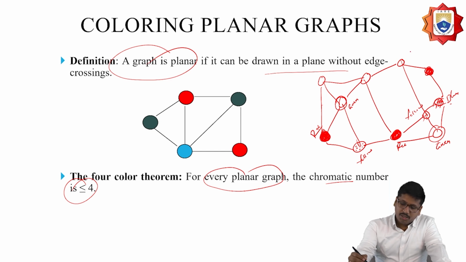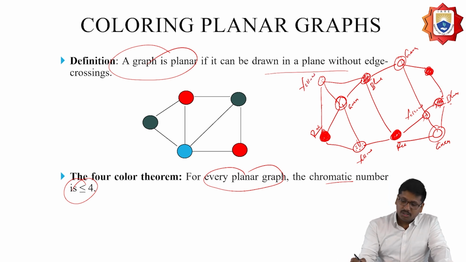and this should be green, and this should be blue, and this should be red. So how many colors are used in this bigger graph?